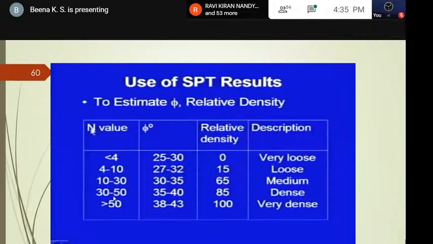If the N value, that is N'', is greater than 30, we can safely go for construction there. We assume the relative density is much higher, 85%, it is a dense soil, and phi is normally considered as 35 to 40.